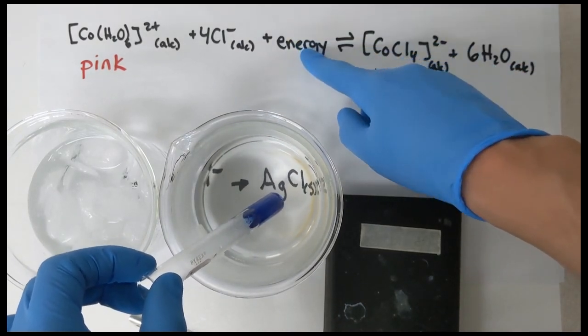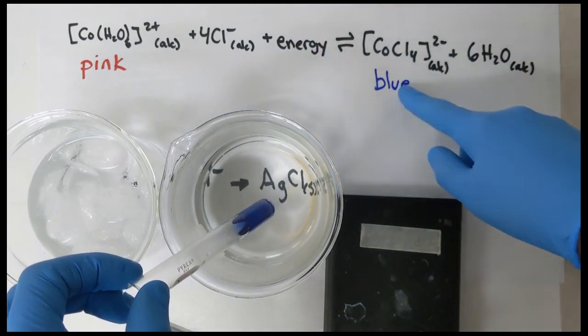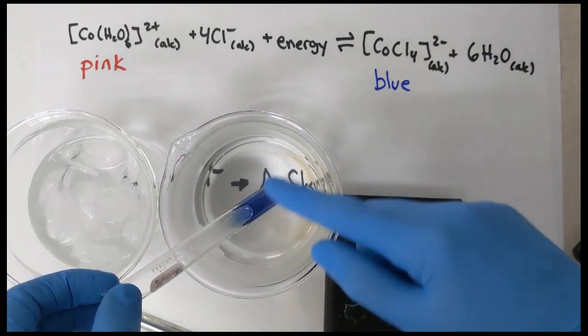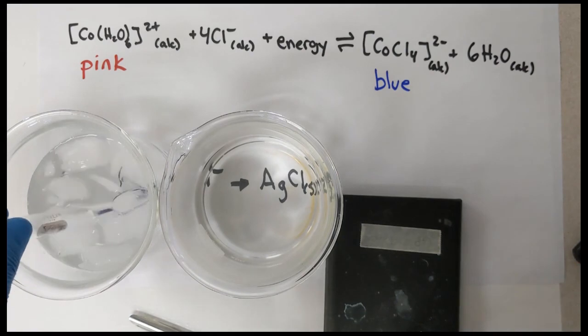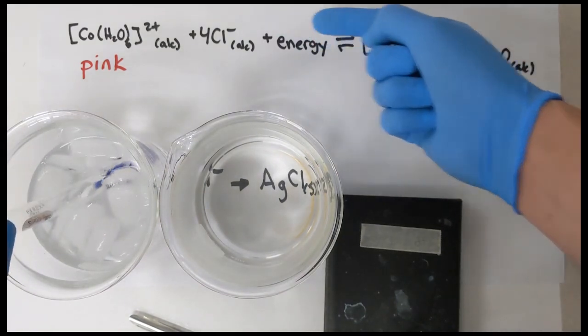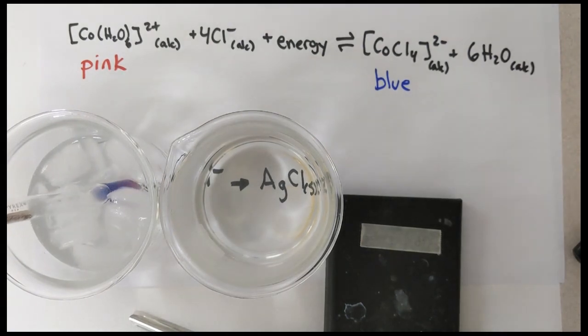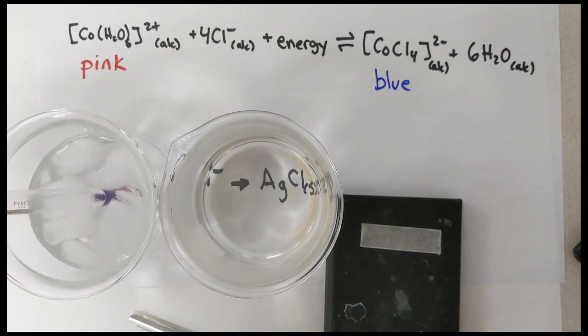The system wants to decrease the amount of energy, and so it uses it up and shifts to the right to produce more of this blue ion. So it gets more blue when I increase the temperature, and more pink when I decrease the temperature because it wants to replace the energy by moving that way. You'll see that it appears more pink as it goes in the cold water.